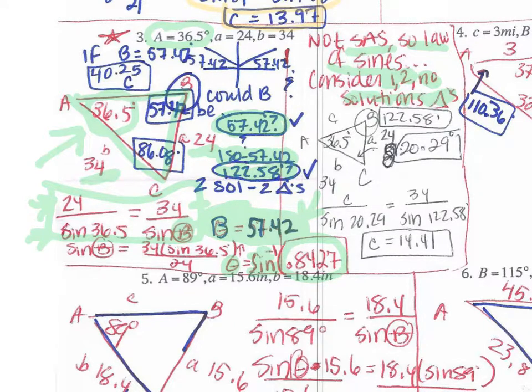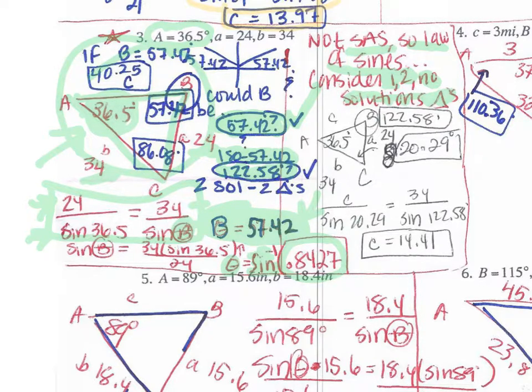Check, it could be 57.42 because when you add 57.42 to the angle already given, 36.5, that's under 180. So you're going to create one triangle, which we have over here.